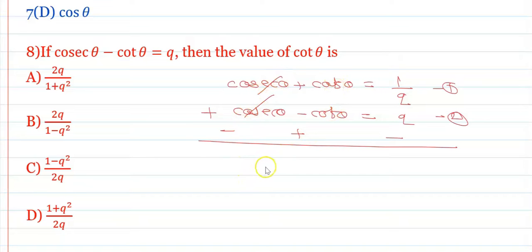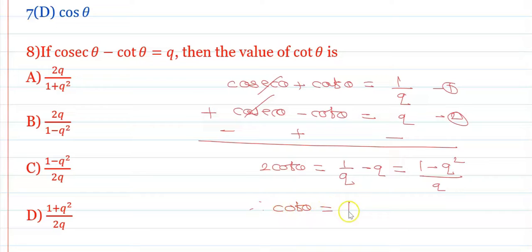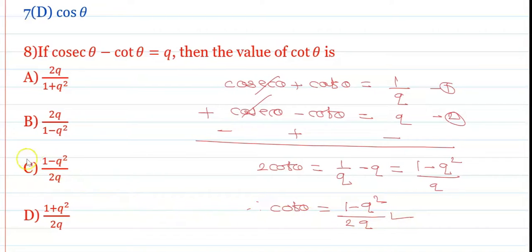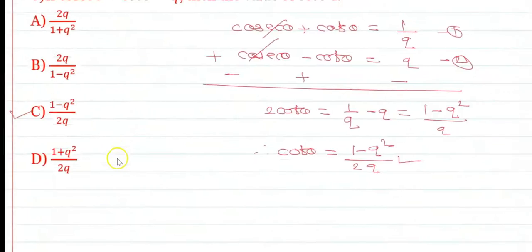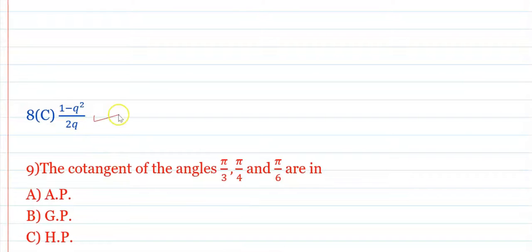You will get cot theta plus cot theta, which means 2 times cot theta is equal to 1 upon Q minus Q. If we simplify, you will get 1 minus Q square upon Q. And therefore cot theta is equal to 1 minus Q square upon Q. And this is the answer, and hence option C is the correct one.